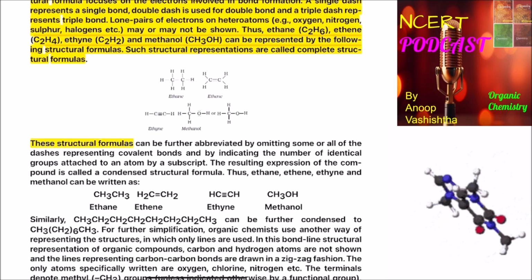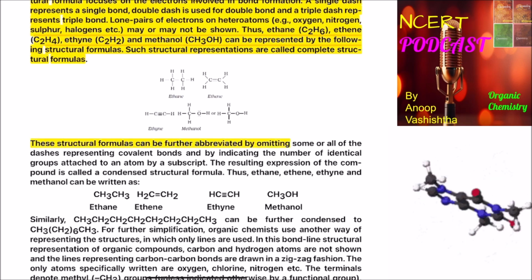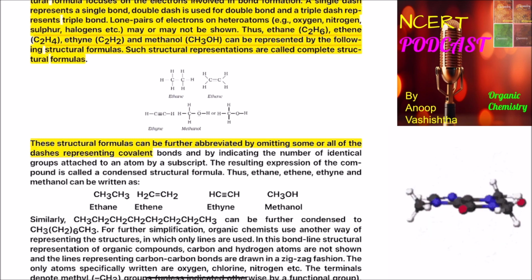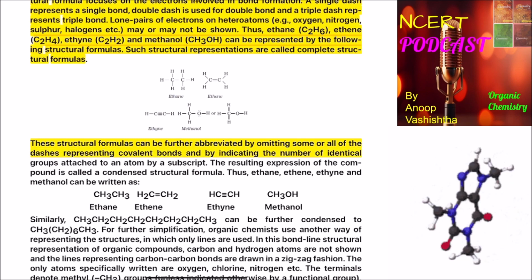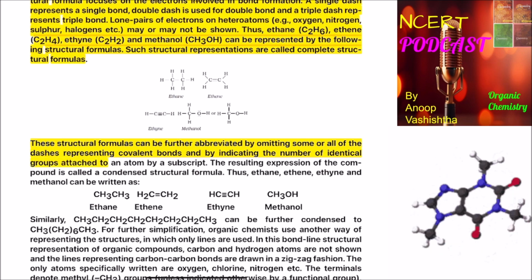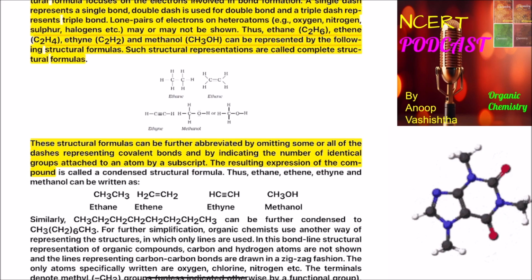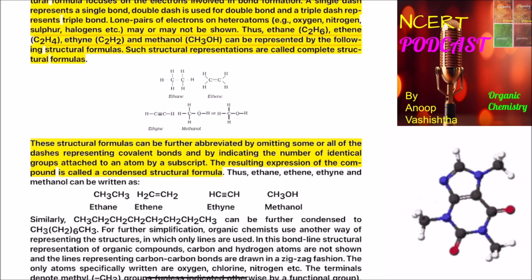These structural formulas can be further abbreviated by omitting some or all of the dashes representing covalent bonds and by indicating the number of identical groups attached to an atom by a subscript. The resulting expression of the compound is called a condensed structural formula.